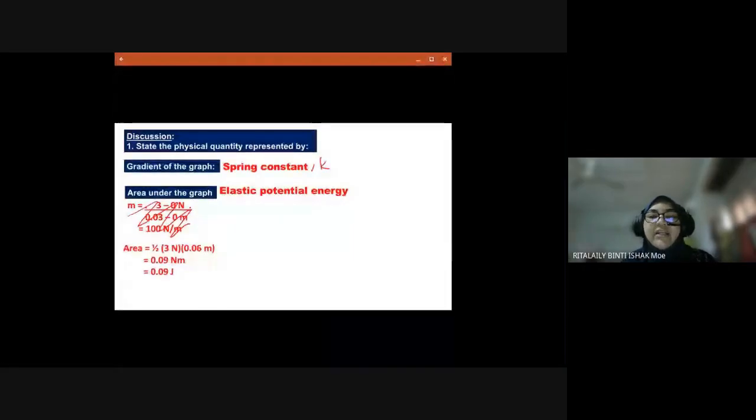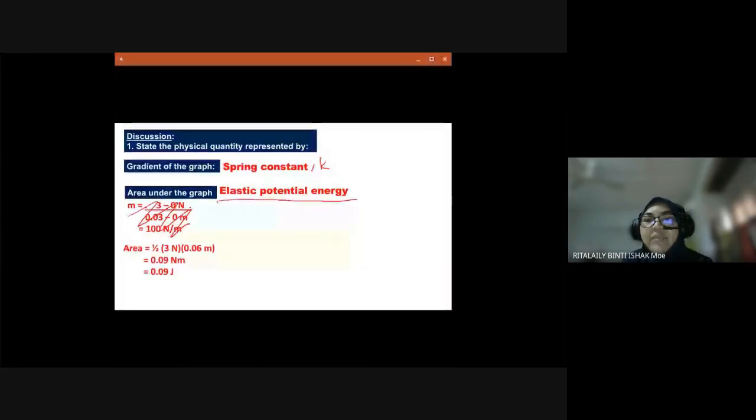Okay, if the question asks you, what is the potential energy when we compress the spring? Okay, so you need to calculate area under the graph if the question come with a graph. Okay, or if the question want us to calculate the spring constant, so you need to calculate the gradient of the graph.